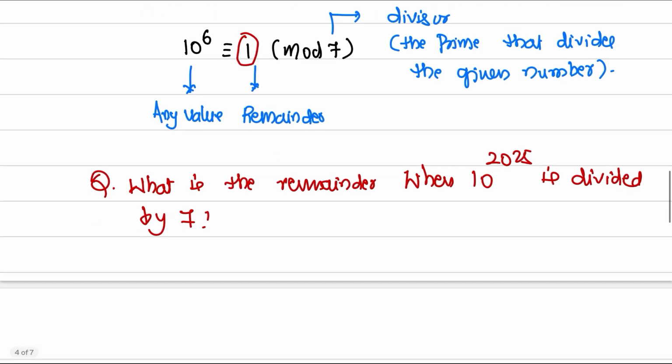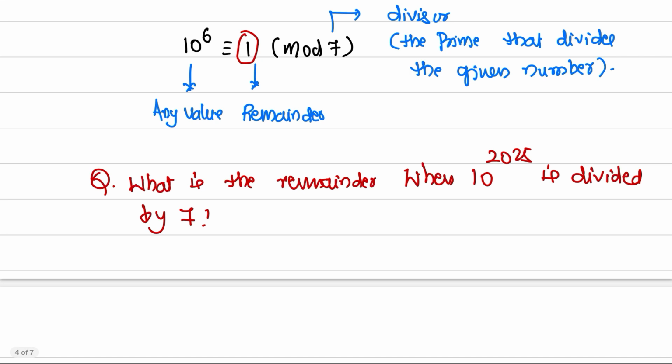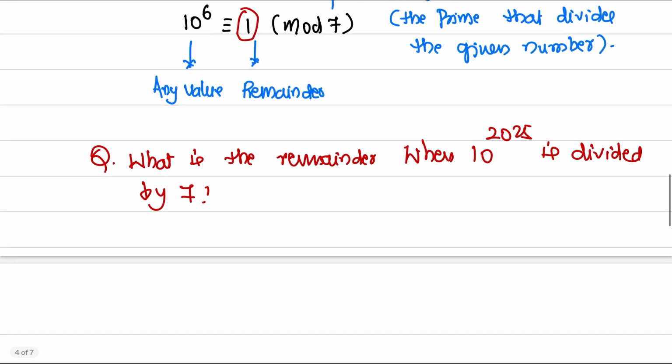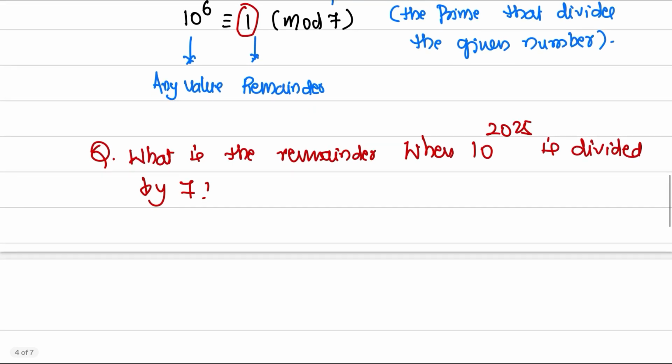So in the modular arithmetic form, how can we write? 10 to the power of 2025 is equivalent to, what is the remainder? We don't know. Modulo 7. That means 10 to the power of 2025 when divided by 7, what will be the remainder? That we have to find out.